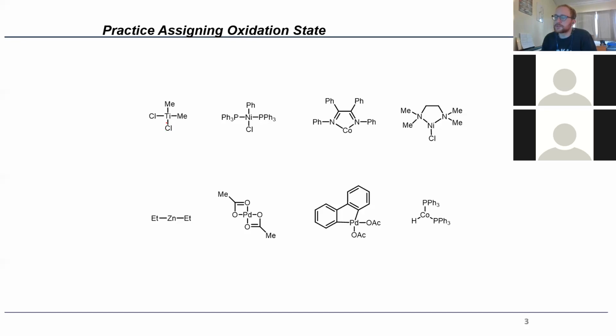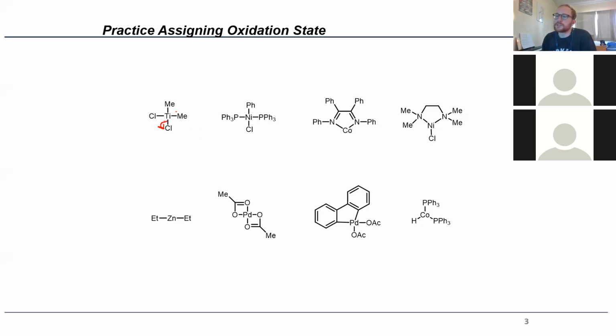Just to reiterate what we want to do here, the way you think about this is you dissociate the electrons back to the ligand, and if you look at the formal charge of the ligand, and if it has a formal charge of -1, then you go up one oxidation state.